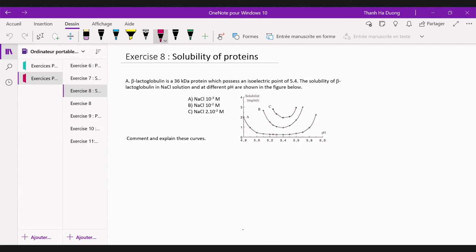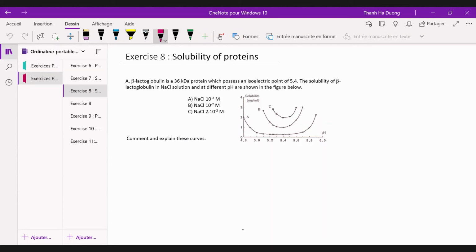Okay. So exercise 8, it's about the solubility of proteins. So you have a beta lactoglobulin with an isoelectric point of 5.4. The solubility of this protein, in the presence of different concentrations of sodium chloride solution and at different pH.